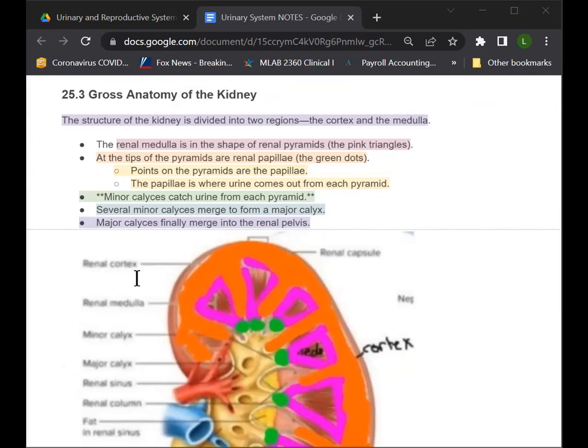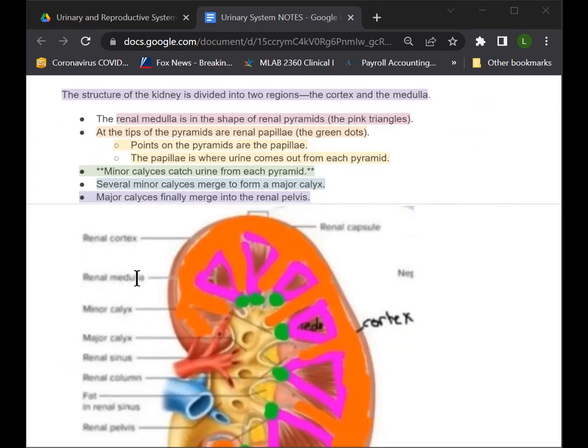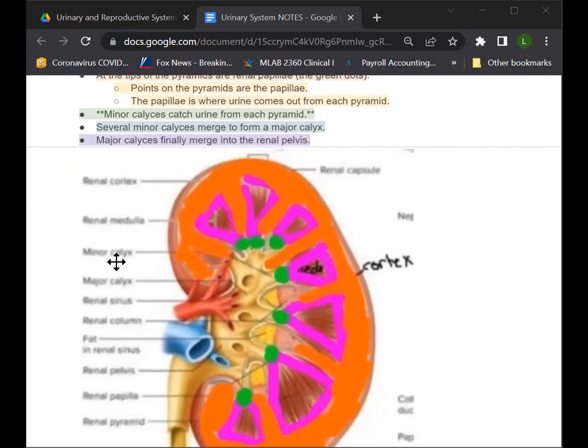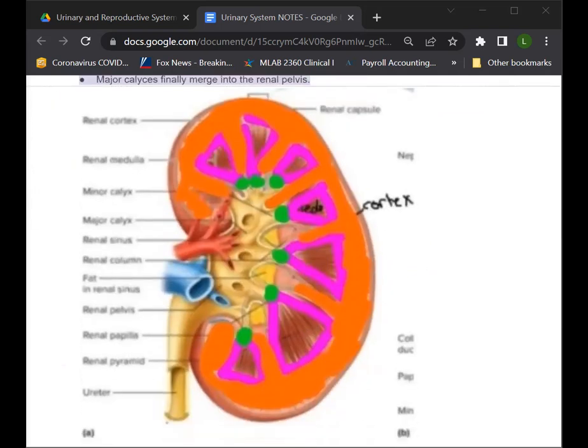Okay, so we need to know that the kidney has two different types of tissue. It has renal medulla and renal cortex. The renal medulla is in the shape of these triangles called renal pyramids. The renal pyramids are made up of renal medulla.